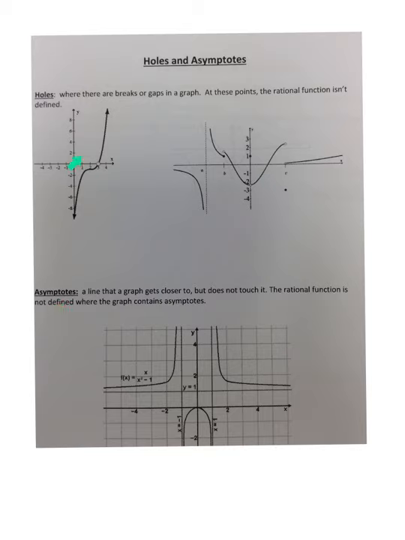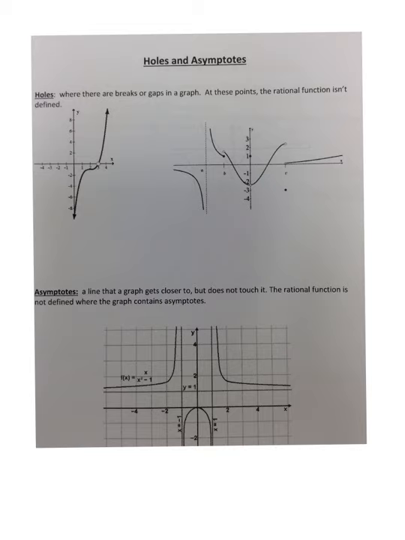So this graph is not defined at x equals 3 because we have a hole. This graph is not defined at x equals b because we have a hole, and x equals c because we have a hole. But this graph is also not defined at x equals a because we have an asymptote.